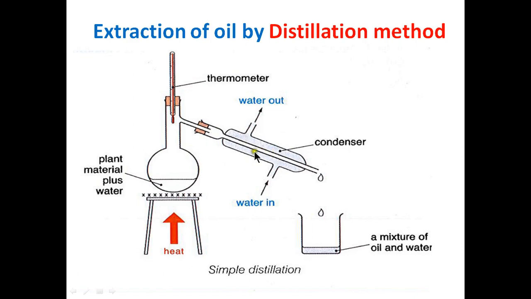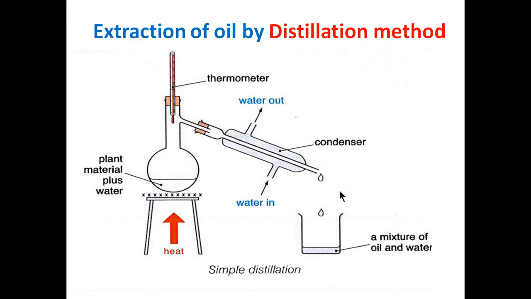The mixture of oil and water is collected in another flask. Here there is the water connection, with the inlet of water and the outlet of water, and you get the mixture of oil and water from this.